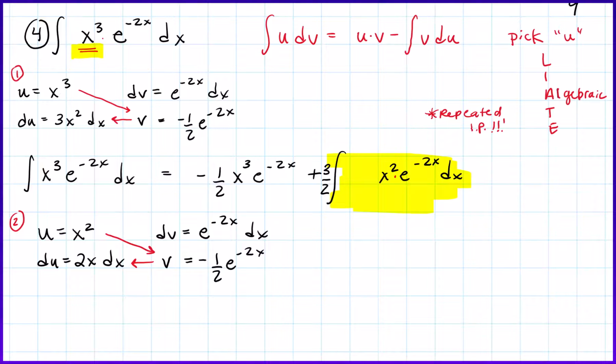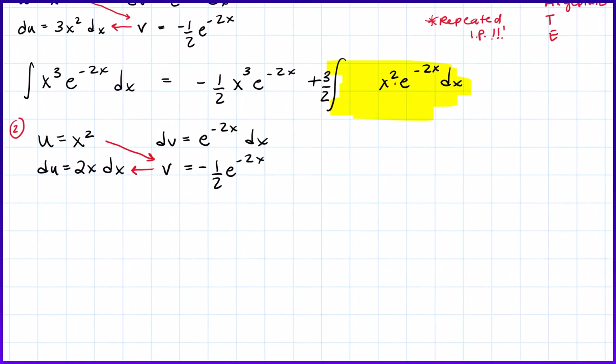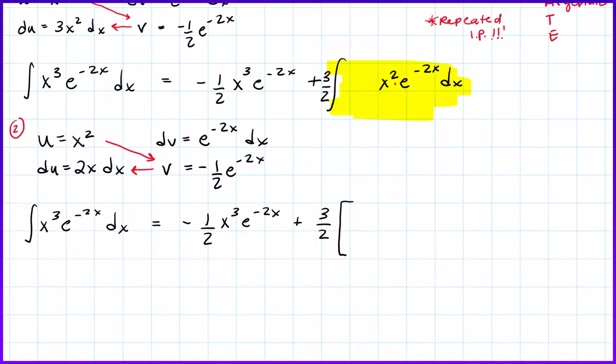So I'm going to rewrite where we started at, keep everything in order. We got a lot of terms going on here and a lot of integration. So let's keep everything in order. So the integral I started at, the first term, which came out of that first integration by parts, negative 1/2 x cubed e to the negative 2x. Plus, now we have 3/2 times the integral that we just calculated through integration by parts.